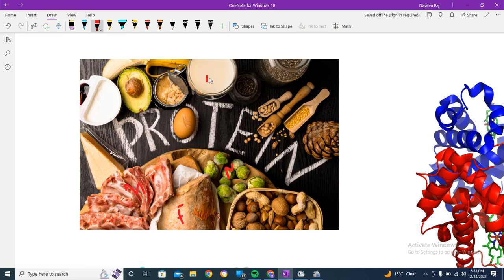We have milk. You have heard from your mother maybe saying drink the milk so that you get protein, so that you supply protein to your body. So protein is rich in these things.